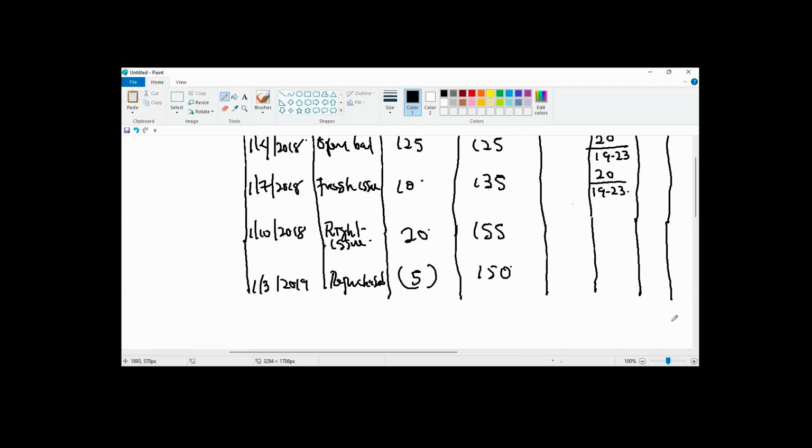Next step, finally. Also, on 31st March 2019, the year end, what happened? A bonus issue again.